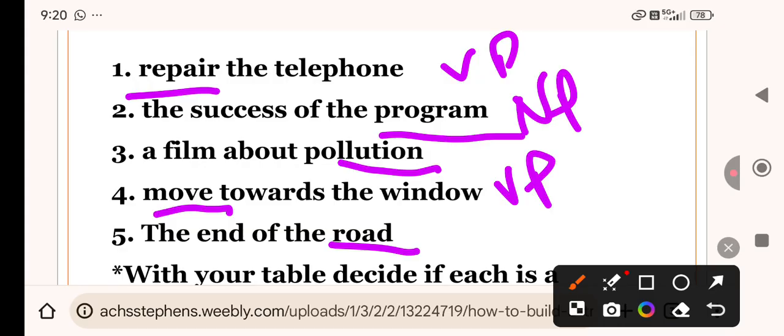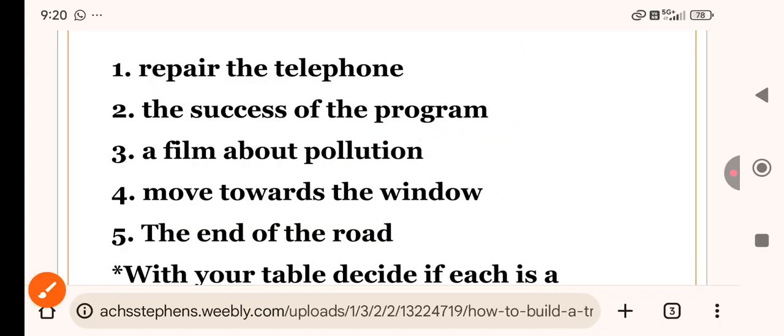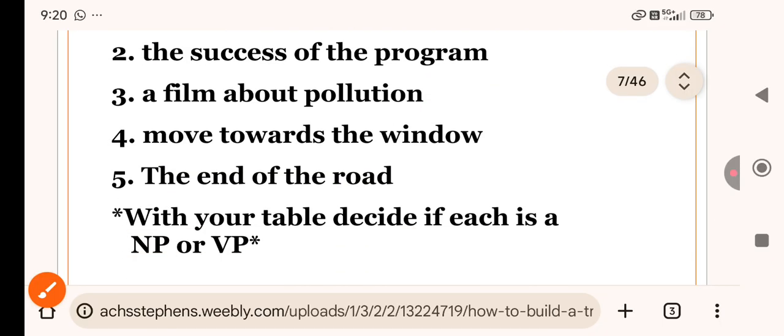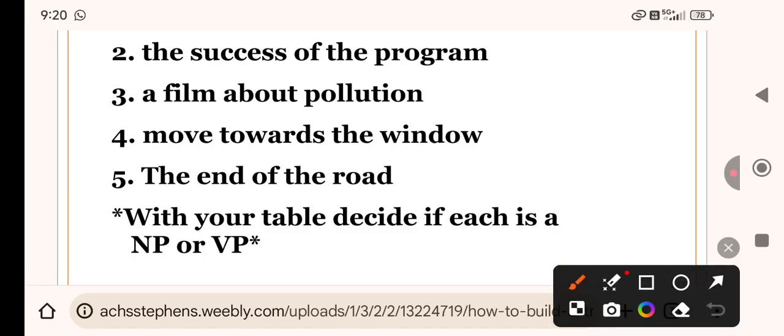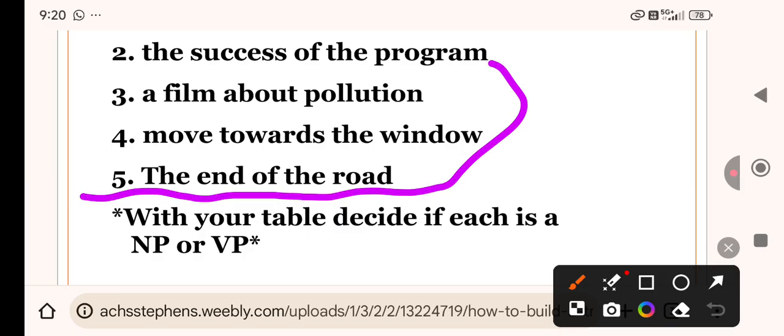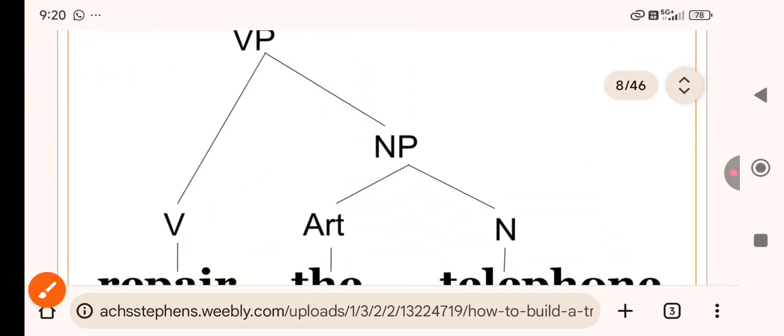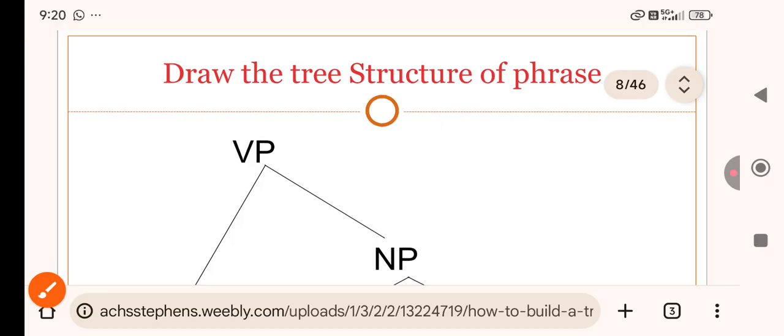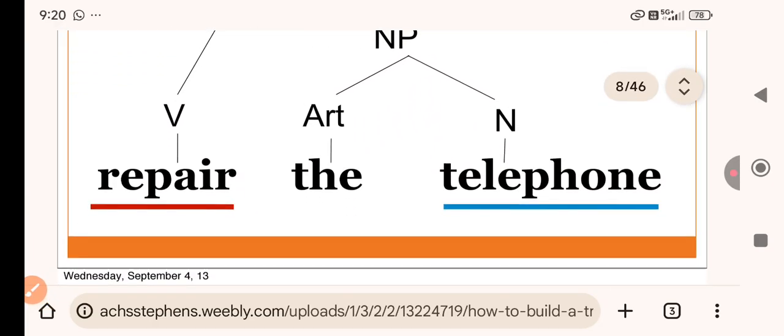And then with your table, decide if each is, so in these questions, these 5 sentences, we have to decide if each is a verb phrase or a noun phrase. The first sentence is repair the telephone.